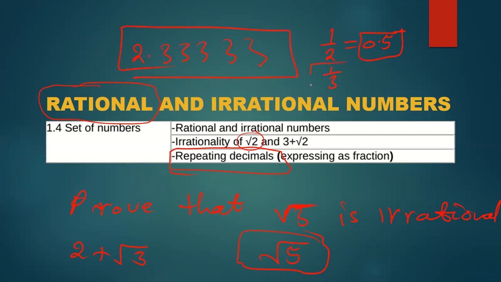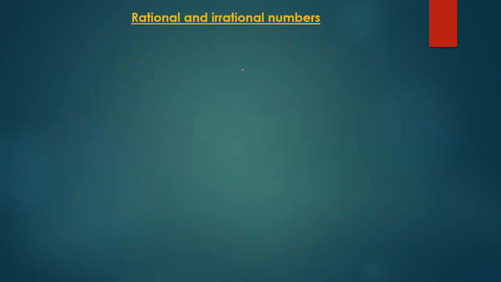This is a repeating rational number because you get something like 0.33333. These threes will continue repeating. That is exactly what I'm trying to talk about. So let us quickly move on to this other subtopic.